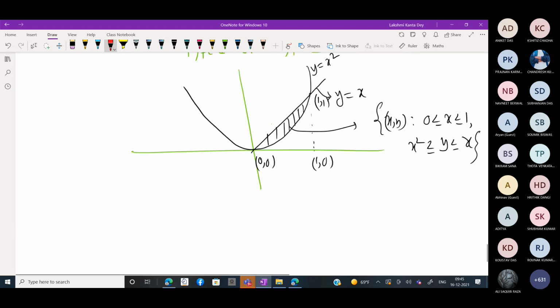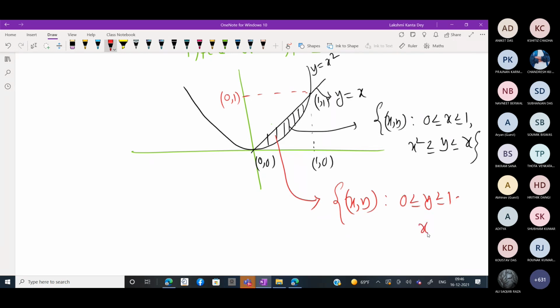Also the same region can be written as the set of all (x,y) such that 0 less or equal to y less or equal to 1, and x is in between y and root y.